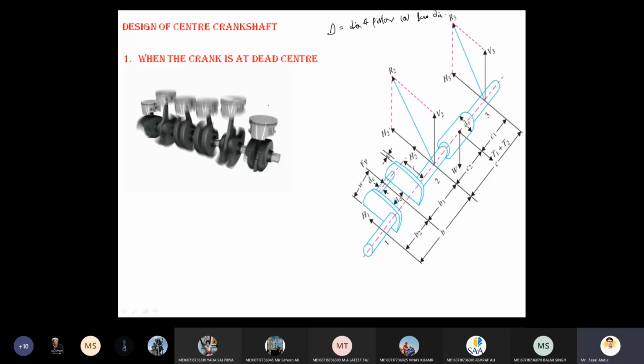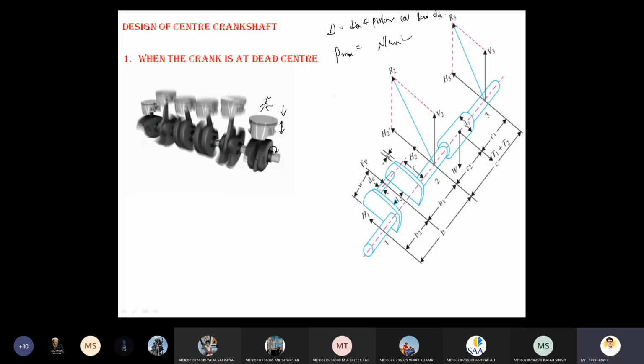Due to the gas pressure, the piston tends to move in the downward direction. This motion is transmitted to the connecting rod, and this reciprocating motion is converted into rotary motion. That is the maximum pressure in Newton per mm square.